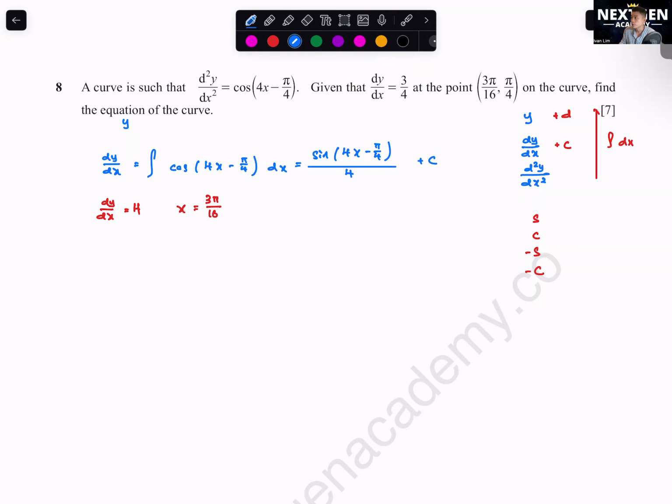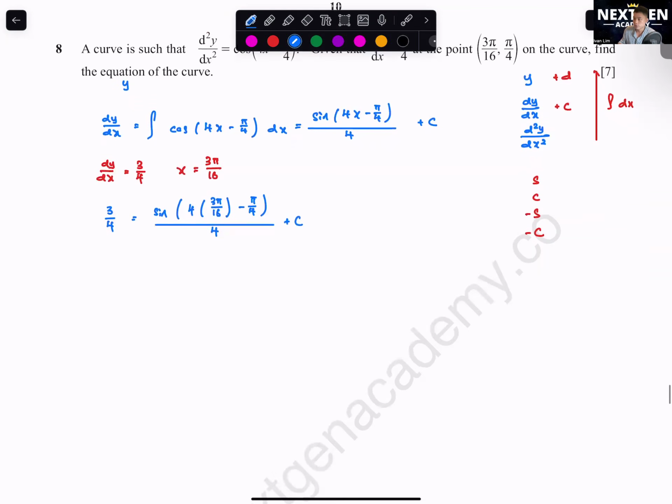So substitute in 3 over 4 equals to sine 4 times 3 pi over 16 minus pi over 4, over 4, plus c.